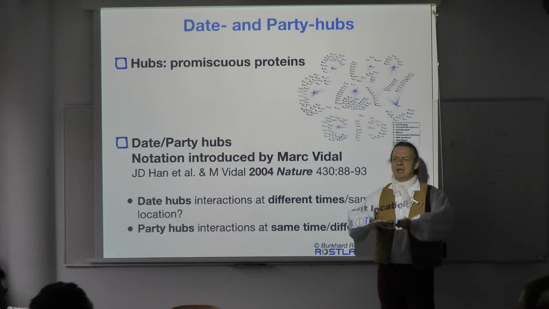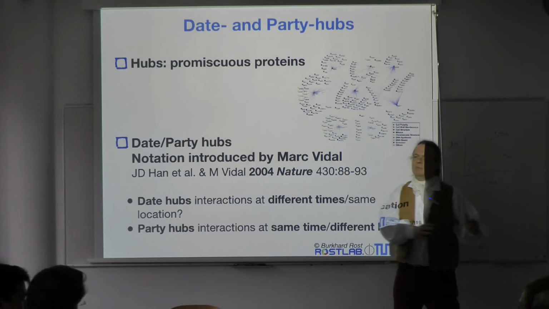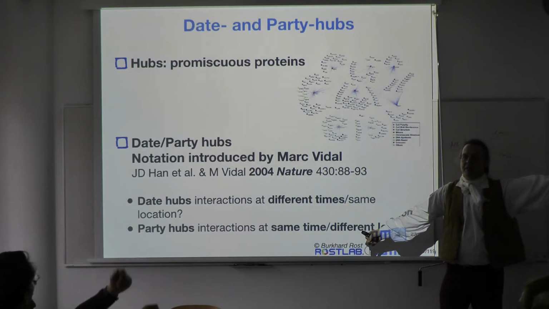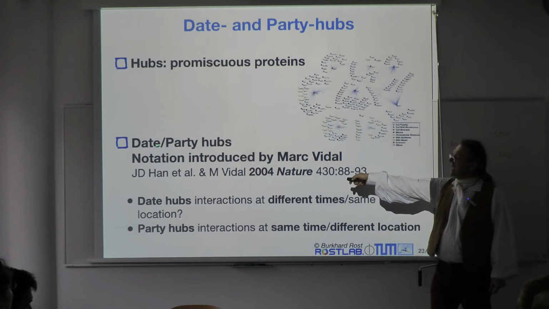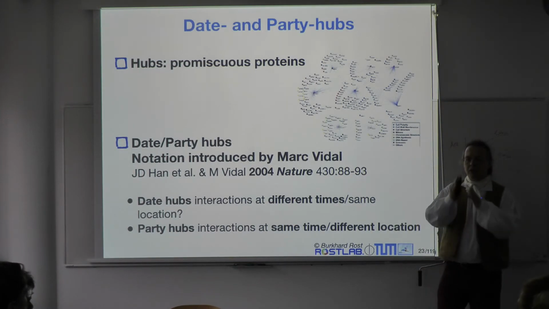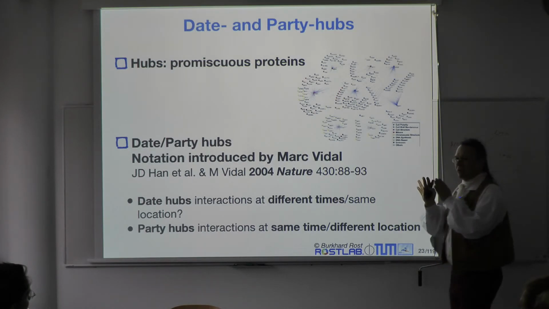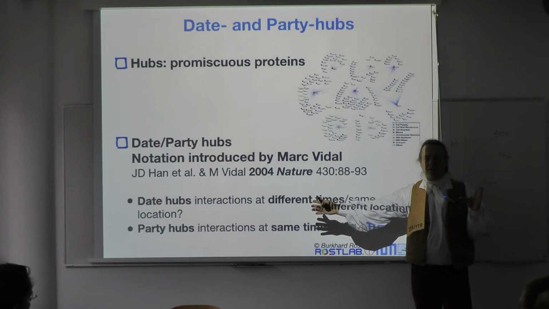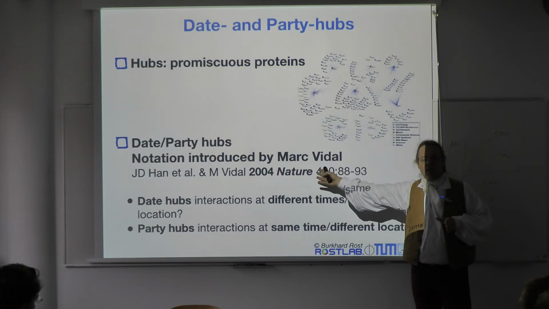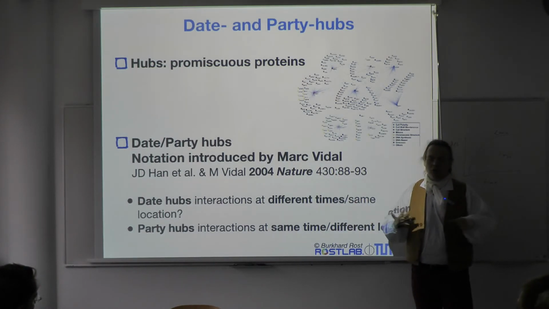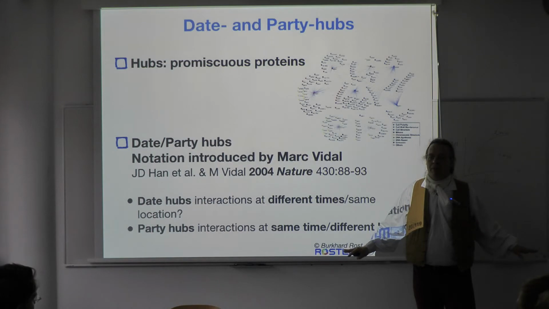So you have some proteins that have a lot of interaction partners, and some, so the extremes of the Zipf in some sense, right? Now, date hubs are proteins that have the same binding site, and they bind to this partner, to that partner, to that partner. So same binding site, many binding partners. Party hubs is the idea you're standing at a party and you're talking to many people at the same time.